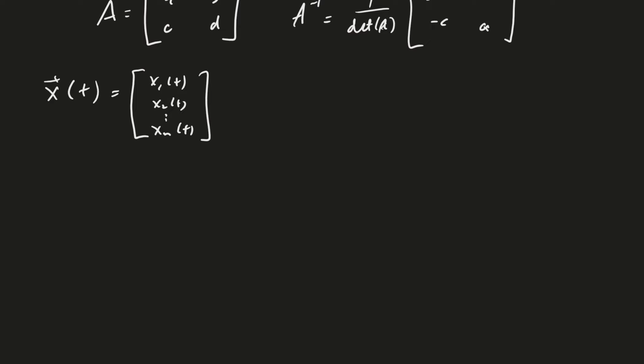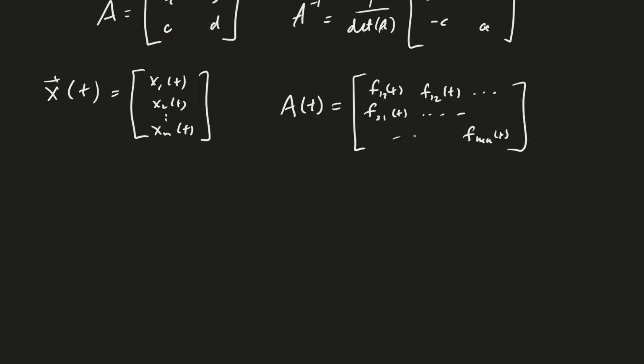Okay, and so we might also have a matrix that, instead of having real numbers, has functions, f11 of t, f12 of t, and so on, f21 of t, up to fmn of t. The reason I bring this up is because we can integrate and differentiate in the obvious way.